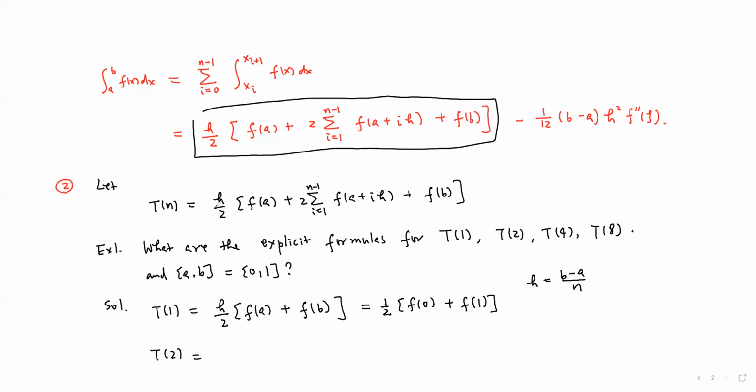When n is 2, h is 1/2, so this is 1/4, because there is a 2 here. f(0) is 0, and this sum is 2 times f(1/2), then plus f(1).